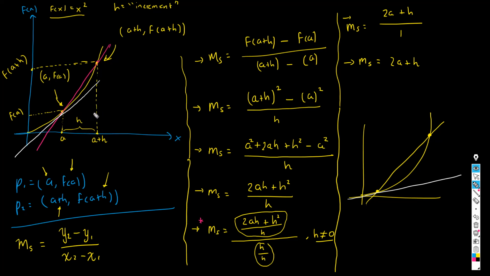It's all of this part in here. And as the point 2 gets closer to P1, that distance h, or that increment, will get less. It will approach 0.